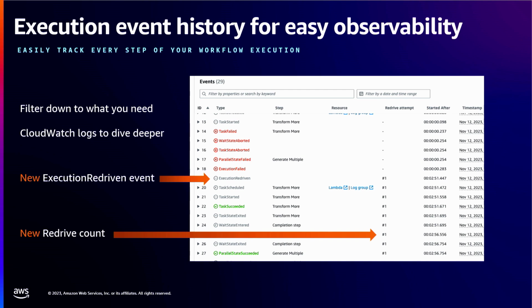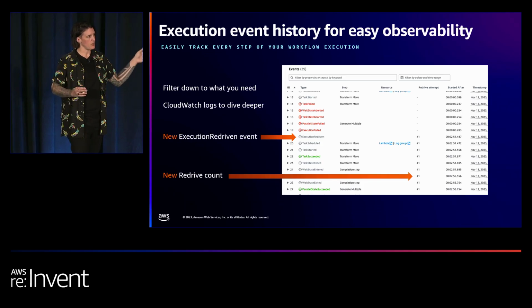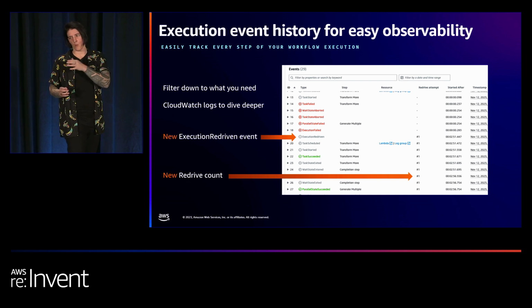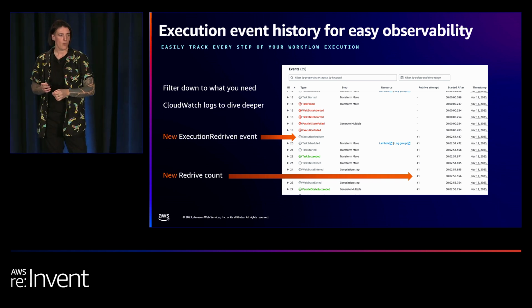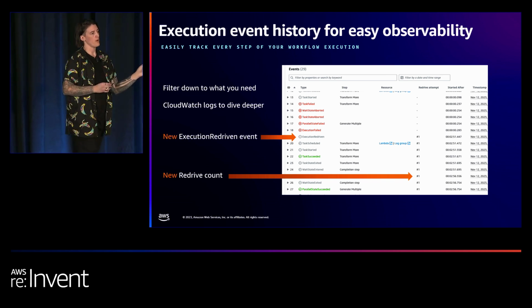Now this is all part of the same workflow execution, so you can easily see what happens. When you're looking at an execution history, which is provided by Step Functions, it gives you that visibility as to what happened in every step of my workflow: what state happened, when a task was invoked, when it completed, where it failed. We will introduce a new redriven event.